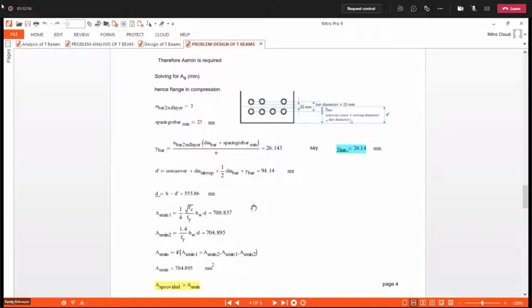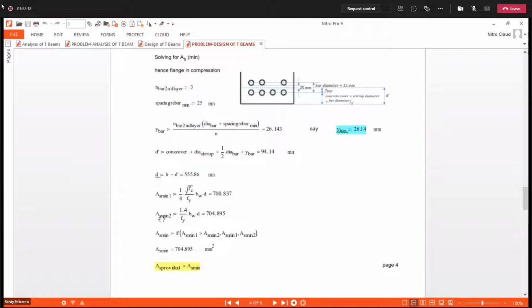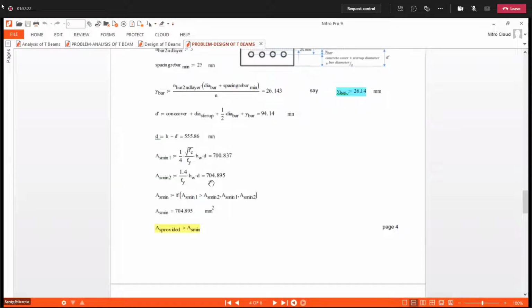0.86 millimeter. So then we may solve now AS minimum. AS minimum will be 704.895. Whichever is the larger of the two, yun ang mag-govern. And we will compare it to AS provided. So AS provided is greater than AS minimum.